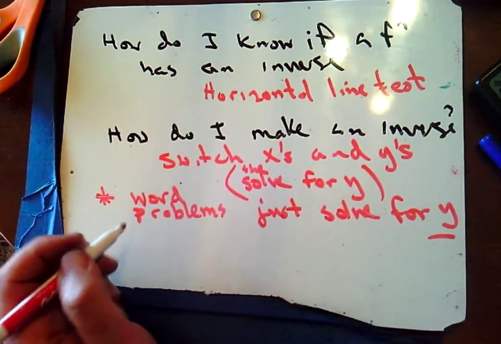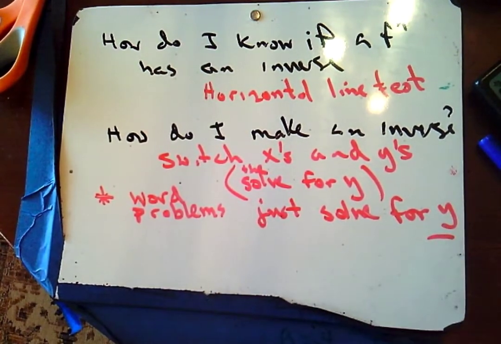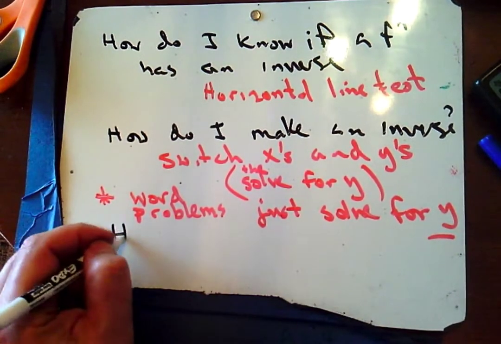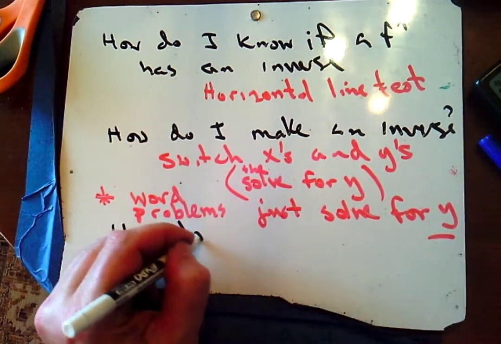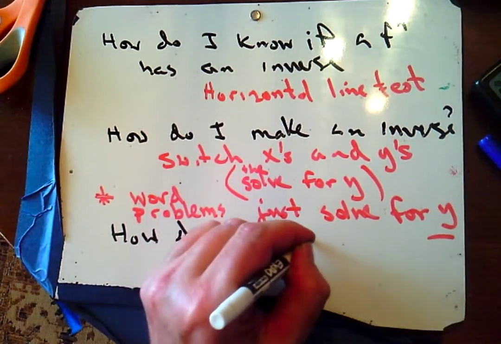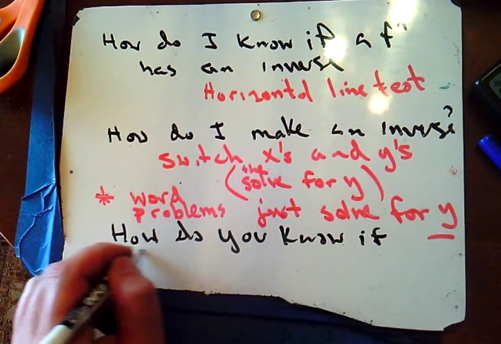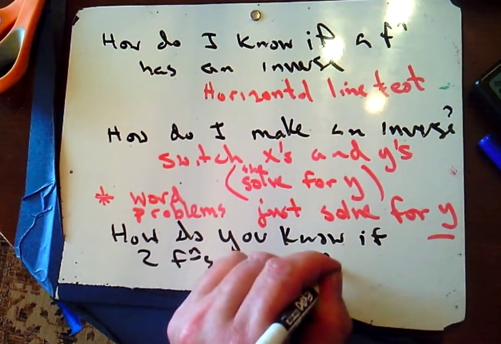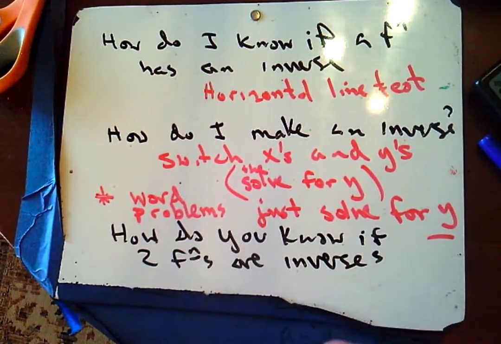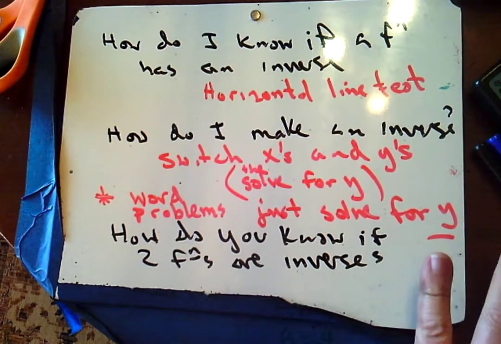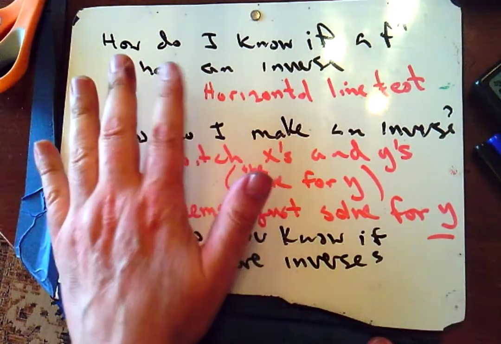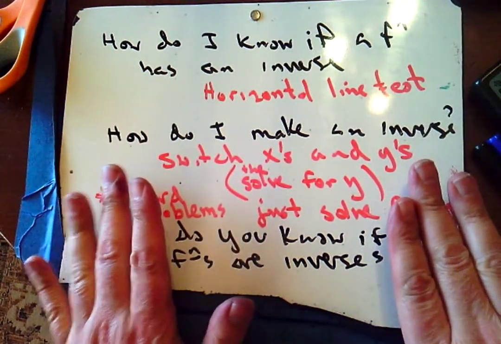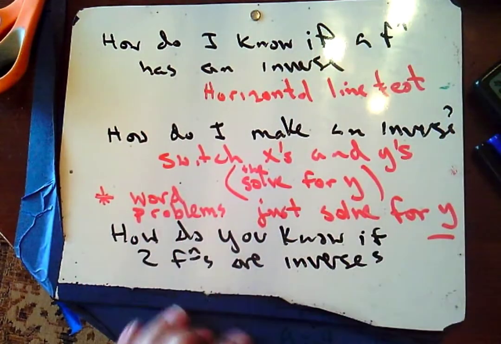All right. And the last thing we looked at with inverses was how do you know if two functions are inverses? And what we said here was we would look, for example, at a table and see if the inputs here were the outputs over here and the outputs here were the inputs over here.